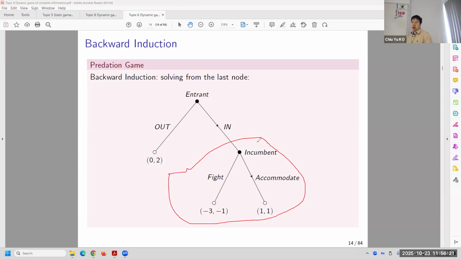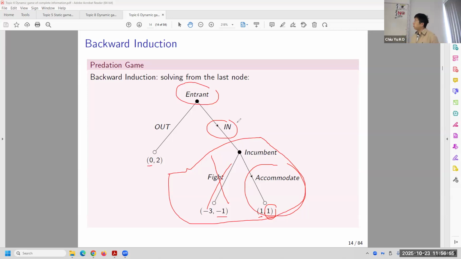Okay, and look at the incumbent, what he would do is looking at fight or accommodate. Accommodate is much better, so that's why this is the choice. This is never chosen. Once I do it, the entrant would be able to correctly predict that if he goes in, he gets 1. If out, it is 0. So comparing 0 to 1, he would choose in. Right?